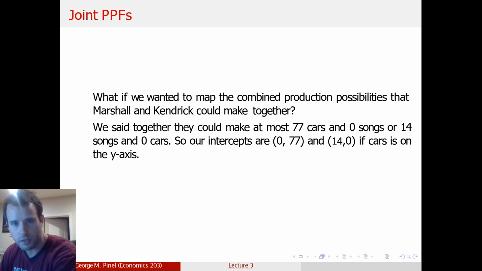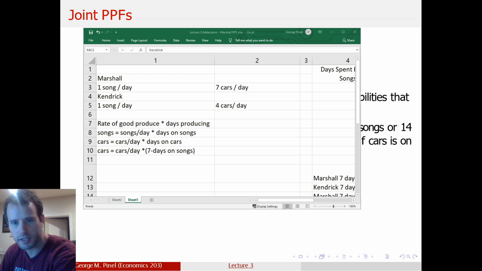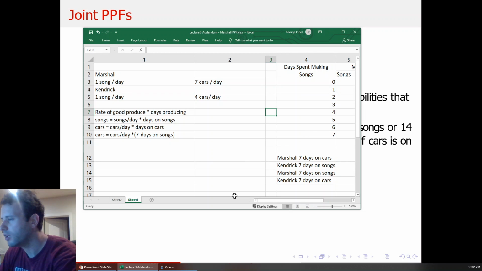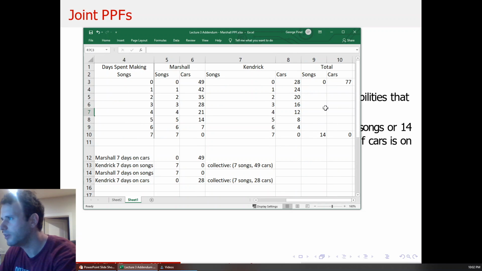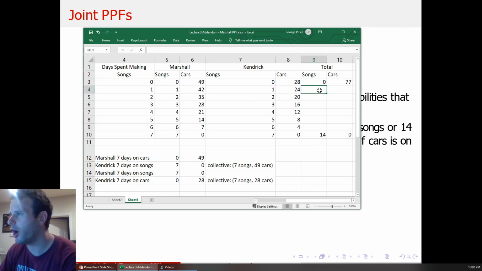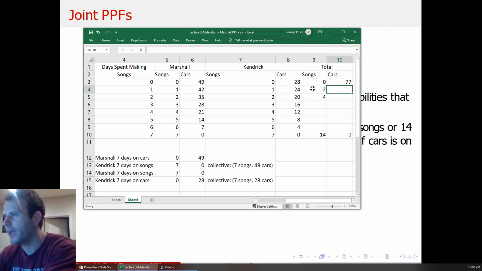So if they're combining, we've already looked at their max and their min number of cars and songs, right? But it's not enough to just add these together, 2 and 4 and 42 plus 24.